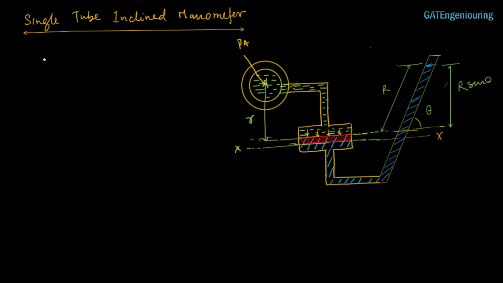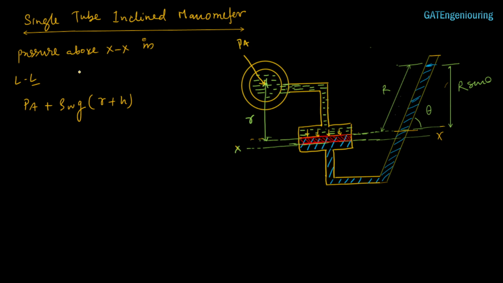So applying the principle of hydrostatics in this, if we take the pressure above xx in the left limb, that is equal to Pa plus, if the density of this liquid is rho w, rho w into g, this height is r plus h.